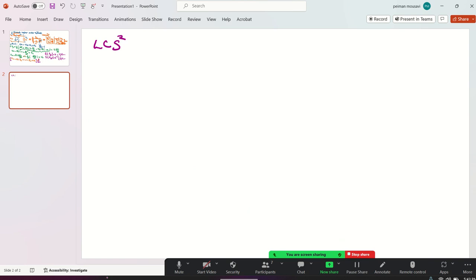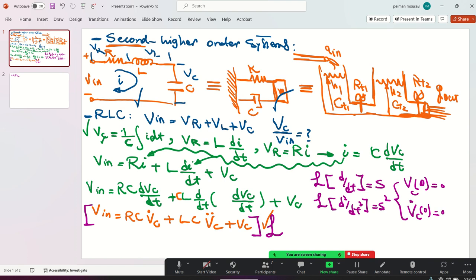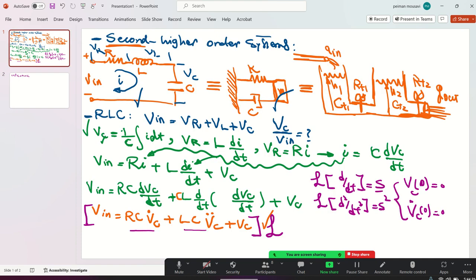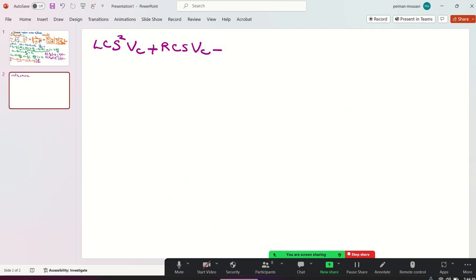If you apply that, you're going to have LC S square Vc(S) plus RC S Vc(S) plus the capacitor voltage is equal to Vin.